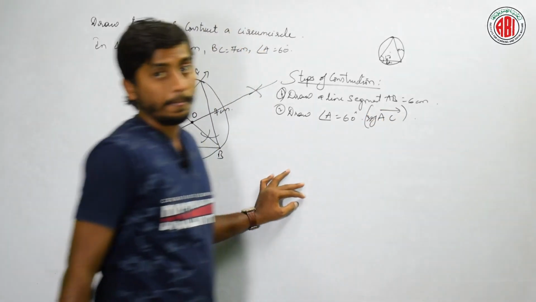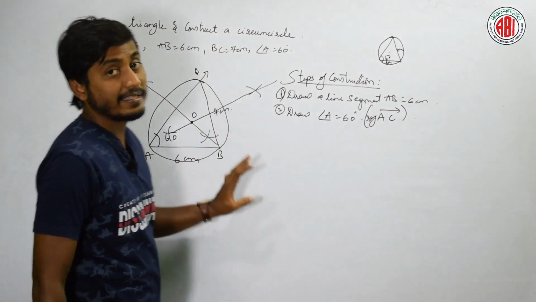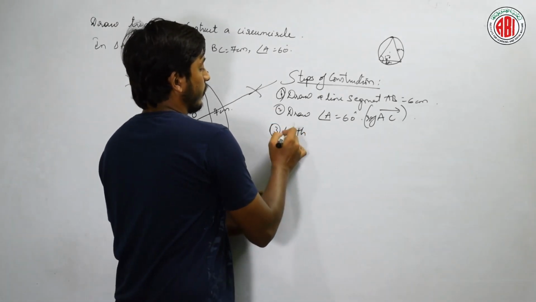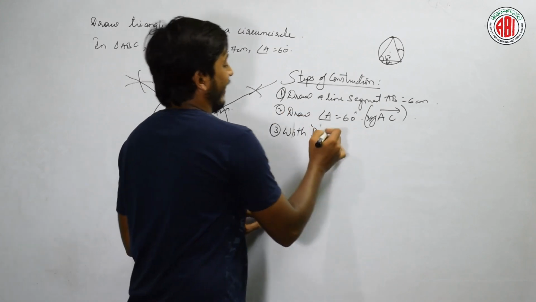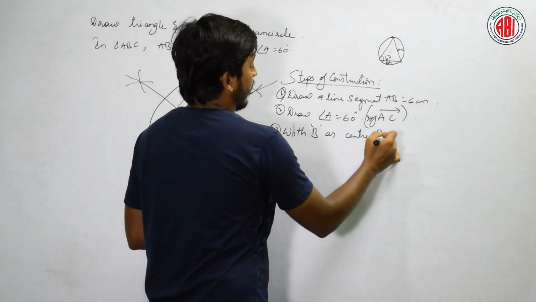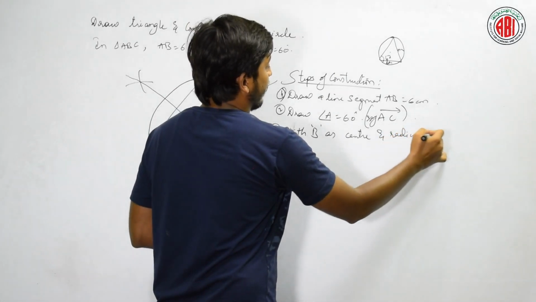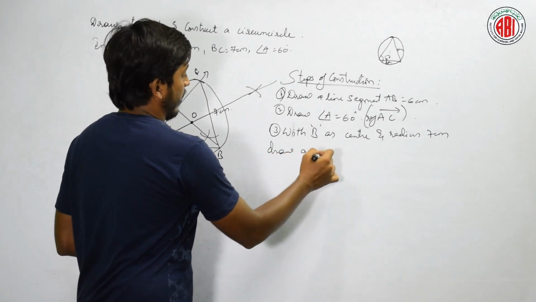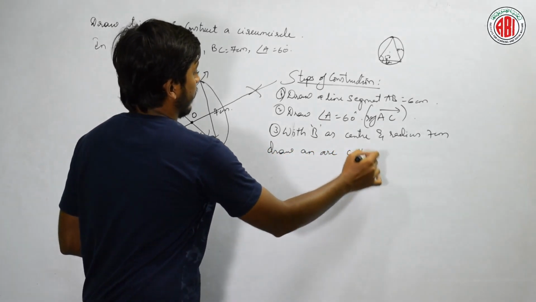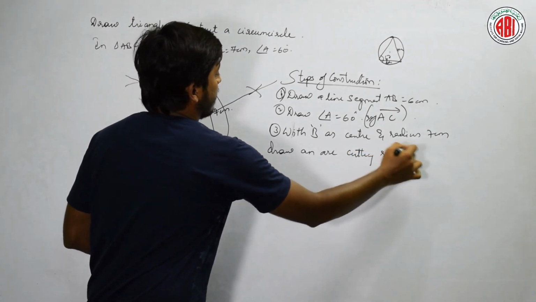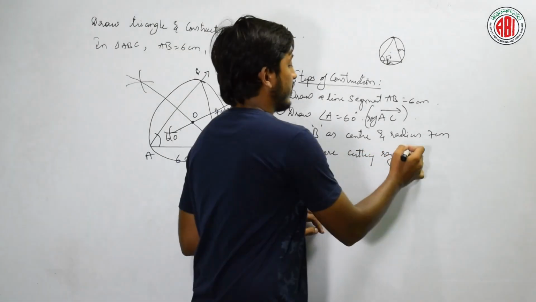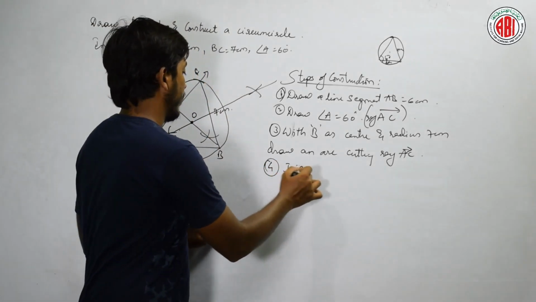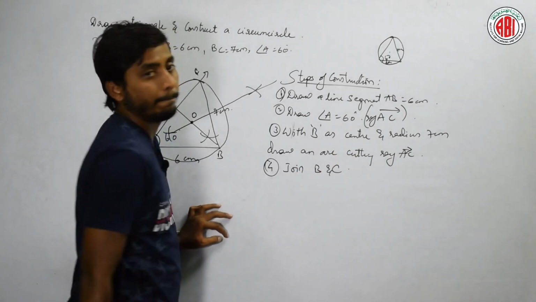Next, with B as center and radius 7 centimeters, draw an arc cutting ray AC. What is this point? That is C. Now, what is the next step? Join B and C.